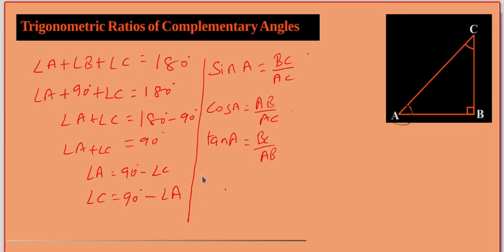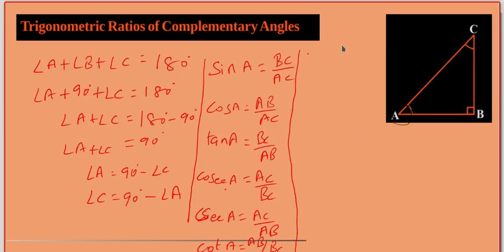And cosecant A is the reciprocal of sin A, so it is AC divided by BC. Secant A is AC divided by AB, and cot A is the reciprocal of tan A, so AB divided by BC.